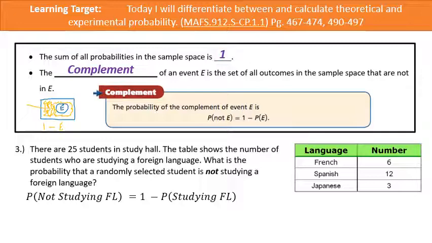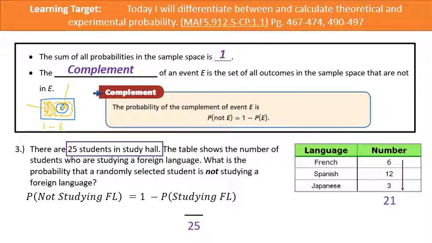If we can figure out E, then it's easier for us to calculate what's not E. So 1 minus. Let's figure out how many students are studying a foreign language. It's going to be a fraction here. I know there's 25 students in study hall, so that's my sample space. That's my bottom number. Now, how many students are actually studying a foreign language? Well, let's just add up those numbers.